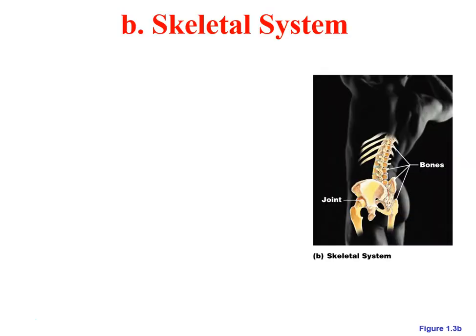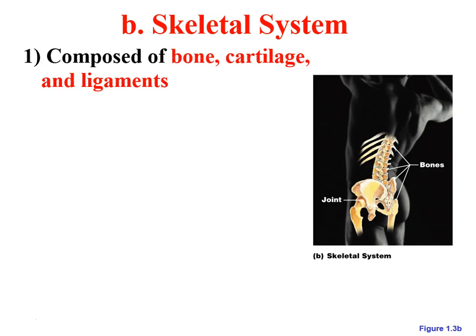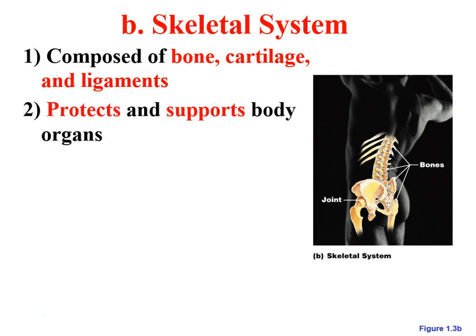The second system you cover in A&P1 is the skeletal system, and of course the skeletal system is composed of bones, but it's also composed of cartilage, which is sometimes found at the end of bones, or some types of bones actually form from cartilage, and then ligaments. Ligaments hold bone to bone. I can remember that it's not tendon because bone to bone is a ligament.